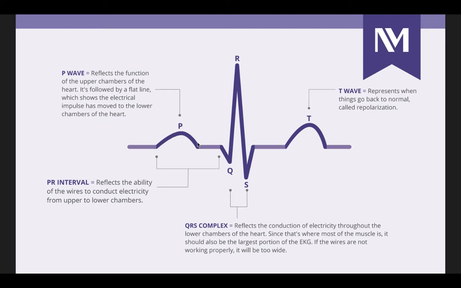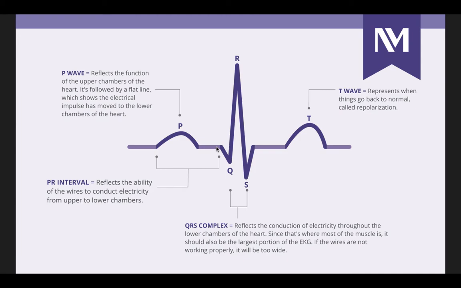It's going to reflect the function of the upper chambers of the heart. So this is your upper chambers contracting. It's followed by a flat line, which shows that electrical impulses move to the lower chambers. So this is your first thud, the electrical impulse sending to the lower chambers of the heart.